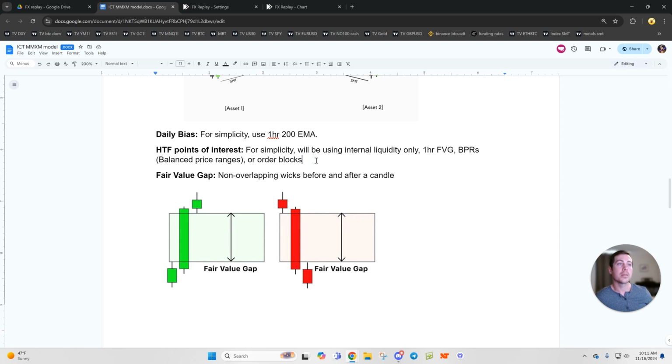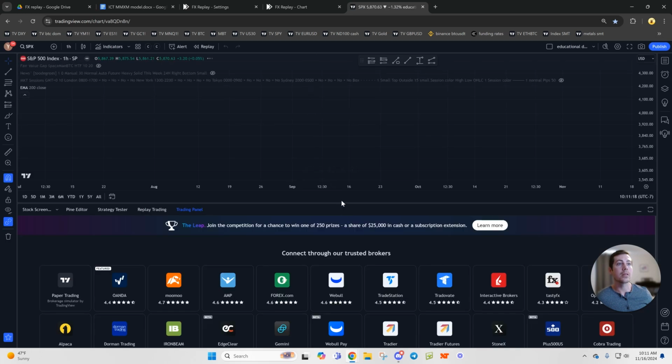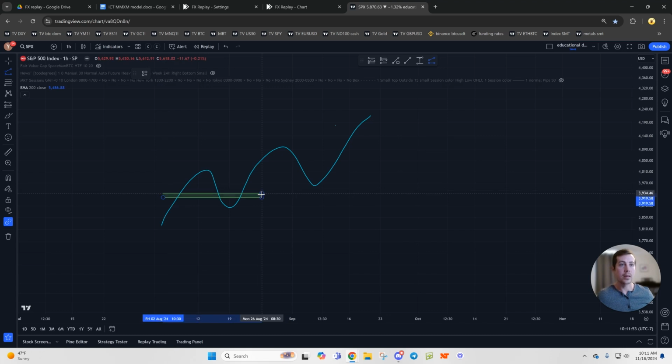And then for simplicity, I'm also only going to be using internal liquidity. When you think about price, maybe I can open up a chart real quick so I can show you guys a little bit more of what I mean. As you're moving along, price is taking out external liquidity and internal liquidity. External liquidity in this case is essentially these highs along the way of the trend, and internal liquidity is typically in the form of some form of fair value gap, order block, basically rebalancing along the way.